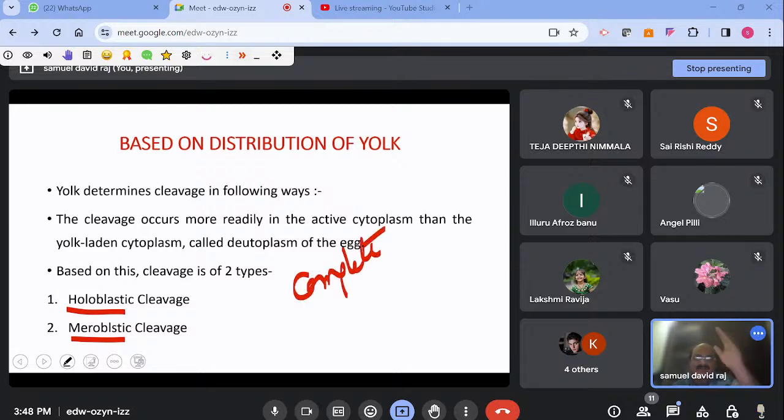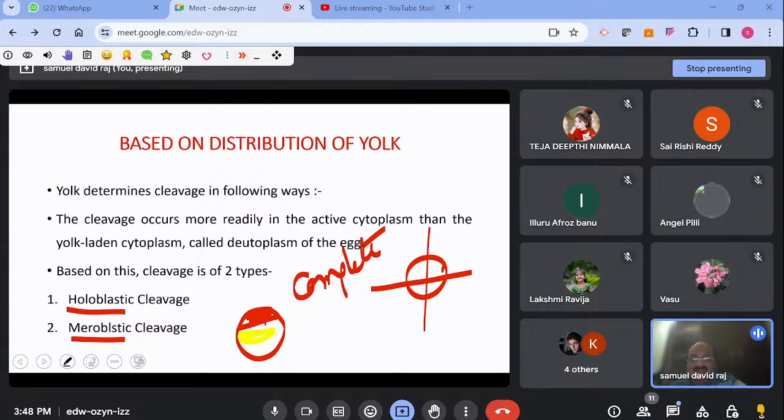Blastic means the entire egg can be bisected from one pole to the other pole, either in the meridional direction or in the equatorial plane. Meroblastic means the successive cleavage divisions are restricted only to one part of the egg, like in the case of heavily telolecithal eggs.